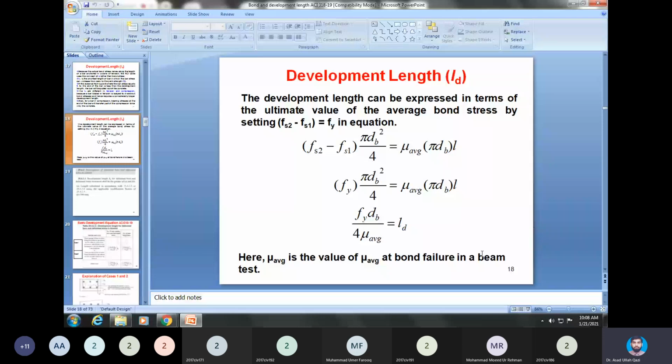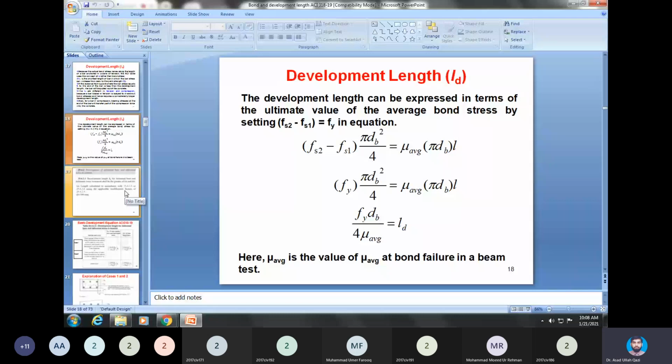extend our discussion about the development length. About the development length, we have the equations which are proposed by ACI.